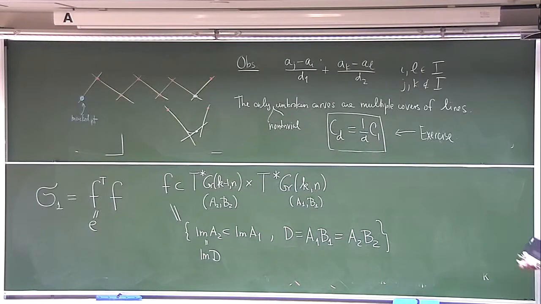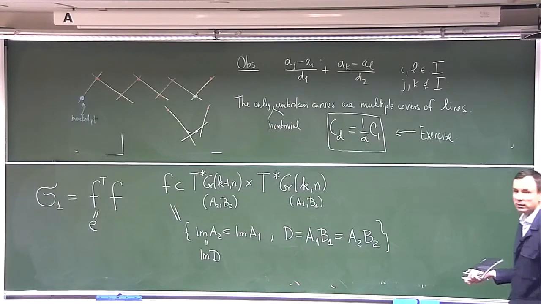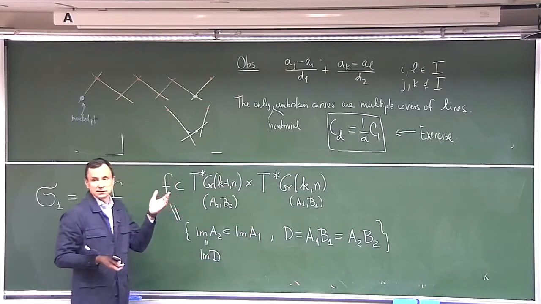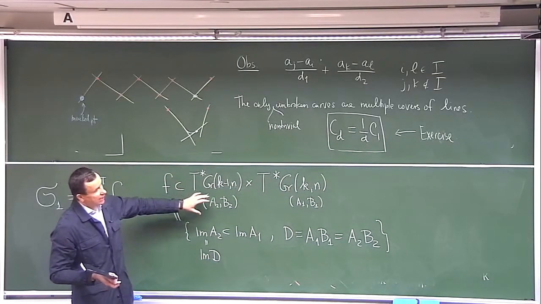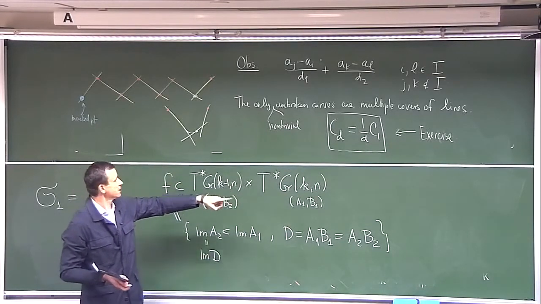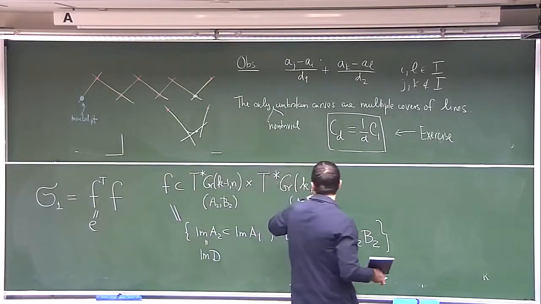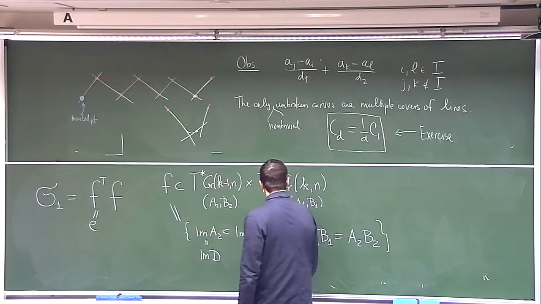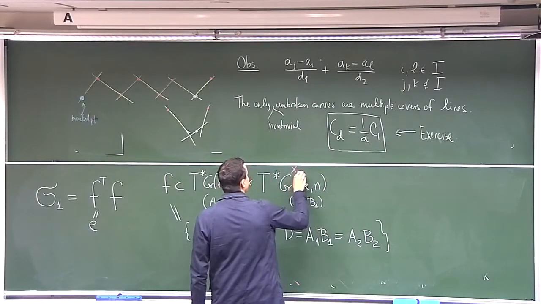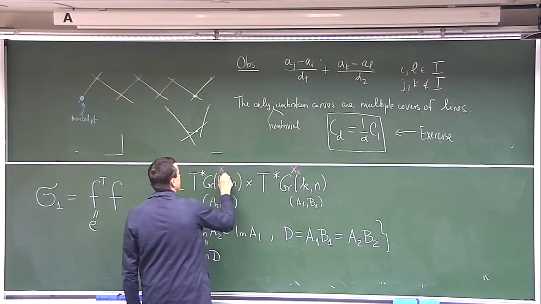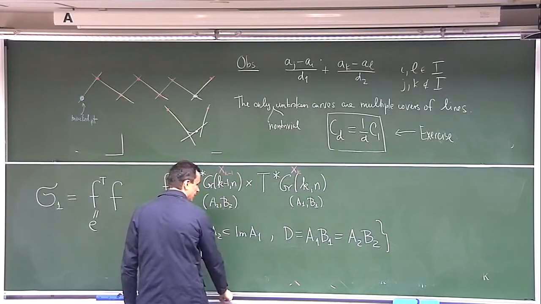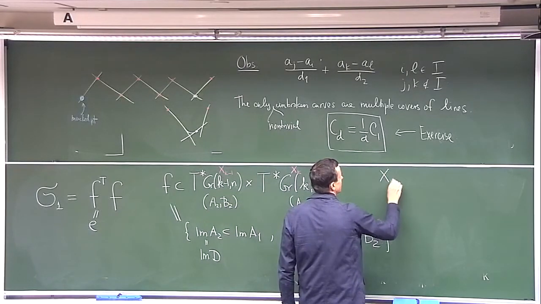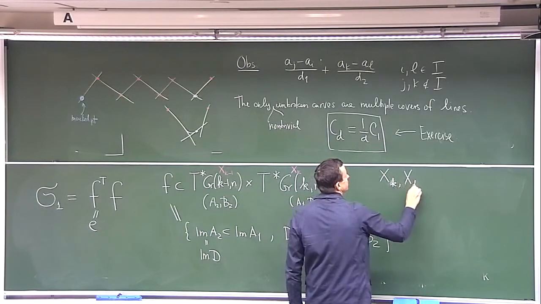In other words, this is like a Steinberg correspondence, but for Grassmannians of different size. Since they are Grassmannians of different size, they can map to the same place. This is my X, and I'll write X_k and X_k minus 1.